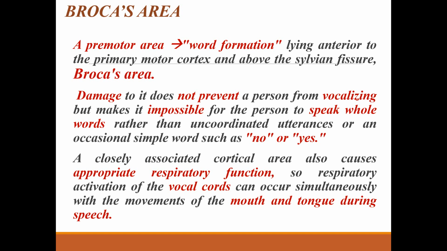It does not prevent a person from vocalizing but makes it impossible for the person to speak whole words, rather than uncoordinated utterances or occasionally simple words like no or yes. A closely associated cortical area also causes appropriate respiratory function, so respiratory activation of the vocal cords can occur simultaneously with the movements of the mouth and tongue during speech.